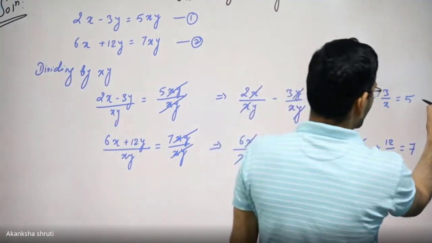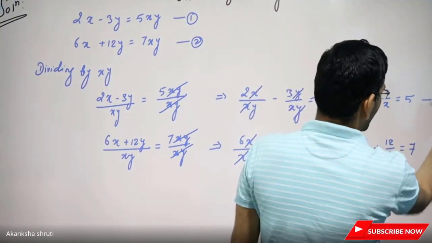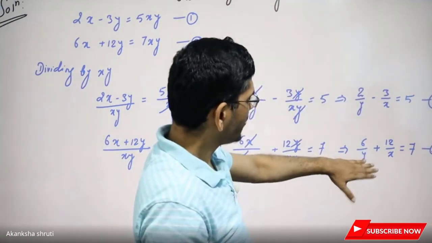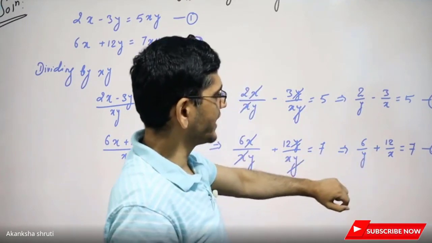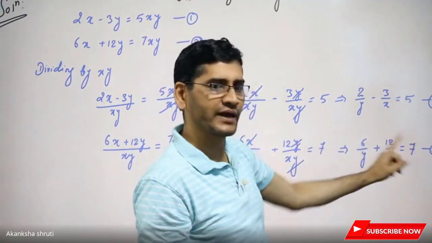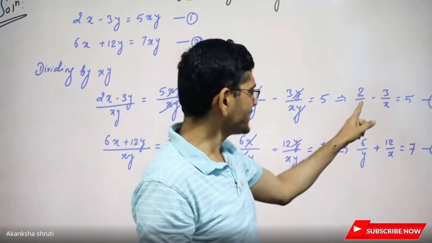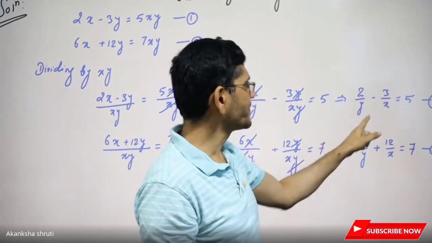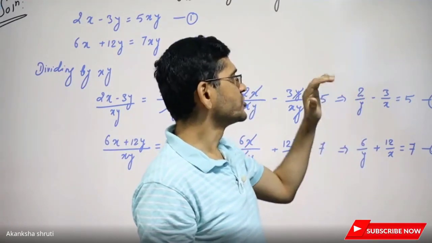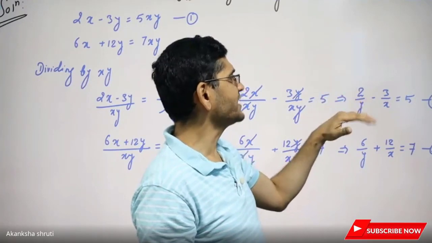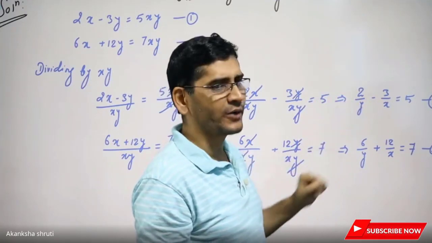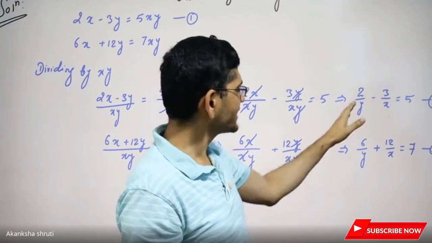So we have converted the given equations into a new form. Here on the right hand side we have the constant, but on the left hand side the variable is present in the denominator only, but they are separate ones.